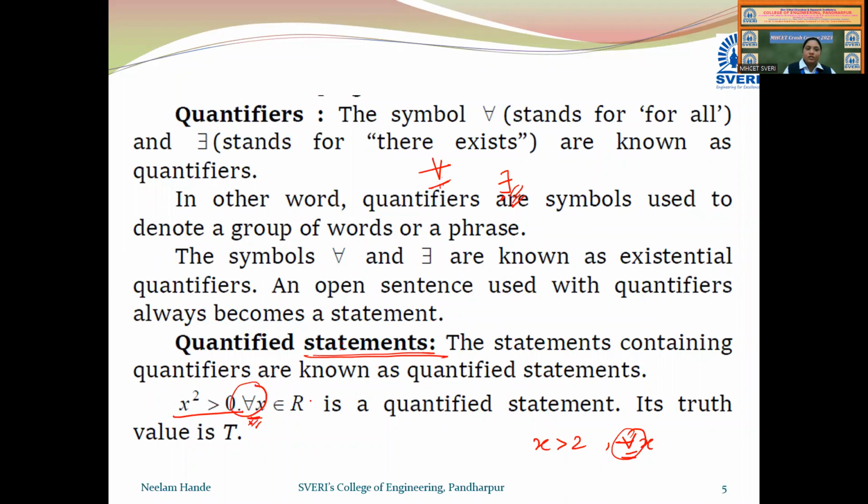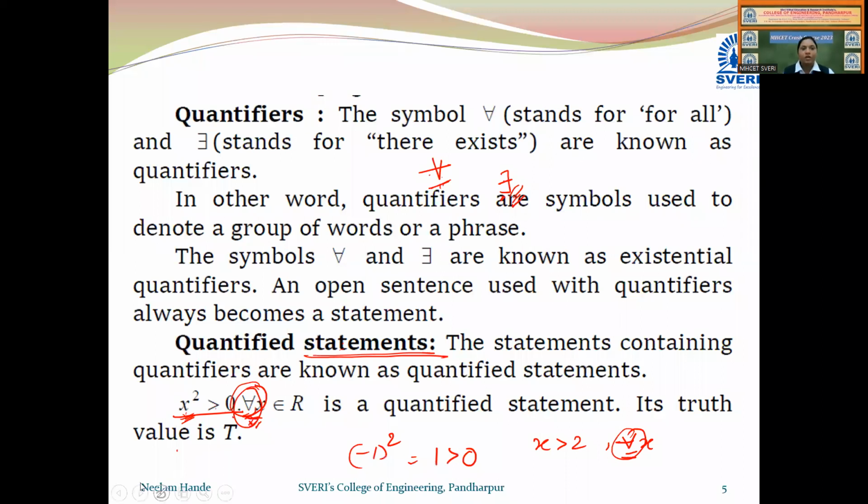So when we say quantified, we look for these notations, for all and there exists. And what is the truth value of this, true or false? True. x square is always positive. We square some number, though it is a negative number, it becomes positive and it is always greater than or equal to 0. So this is a true statement.